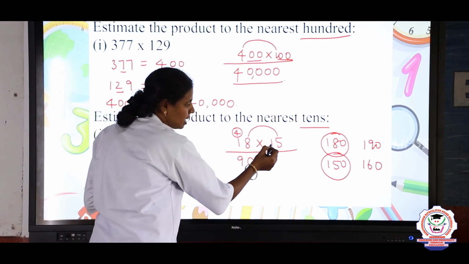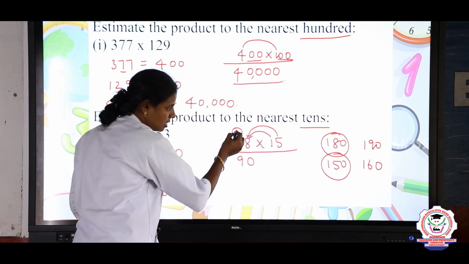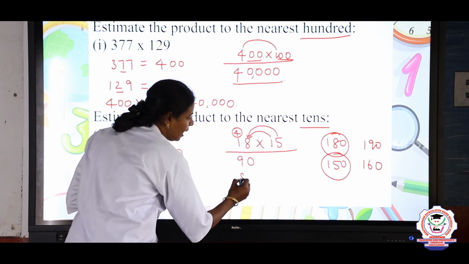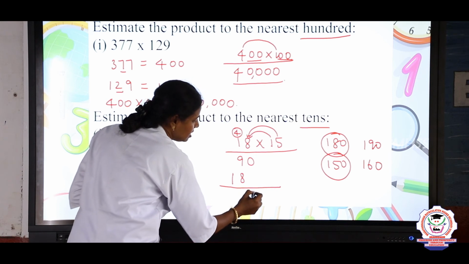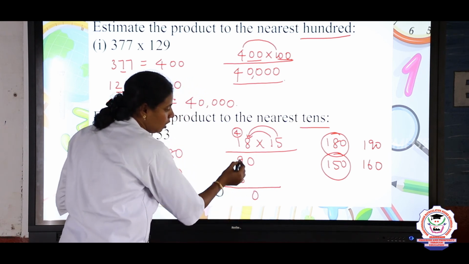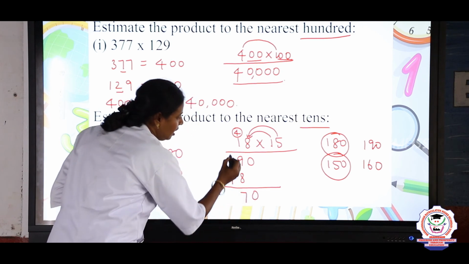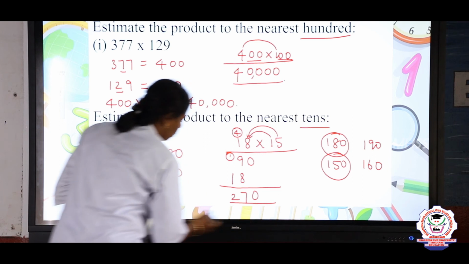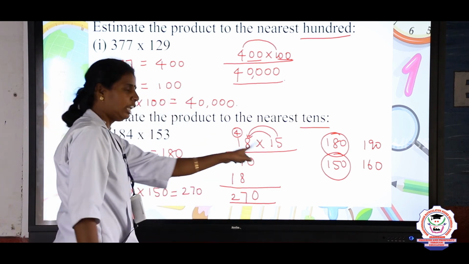Now the tens place number, 1, we are going to multiply with this, and we need to write the answer straight from the tens place. So 1 eight is 8, 1 one is 1. Now add: 0, 9 plus 8 is 17, 7, remaining 1, 1 plus 1 is 2. 270, and we have found the product of 18 into 15.